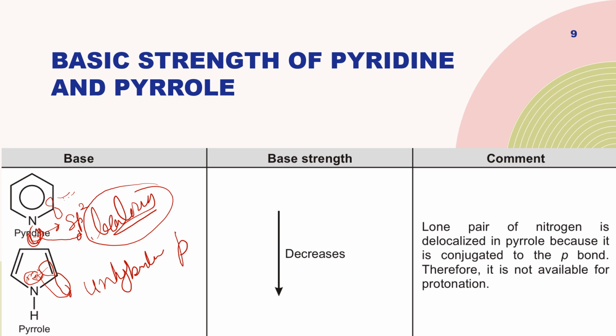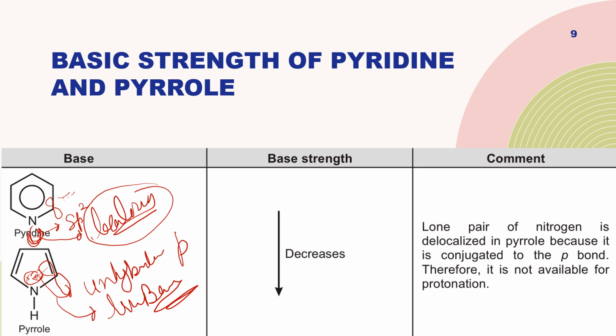So we can say the lone pair of pyrrole is in conjugation with the pi bond. That's why the lone pair of pyrrole is not easily available. So pyrrole is less basic, but the lone pair of pyridine is easily available. That's why pyridine is more basic.